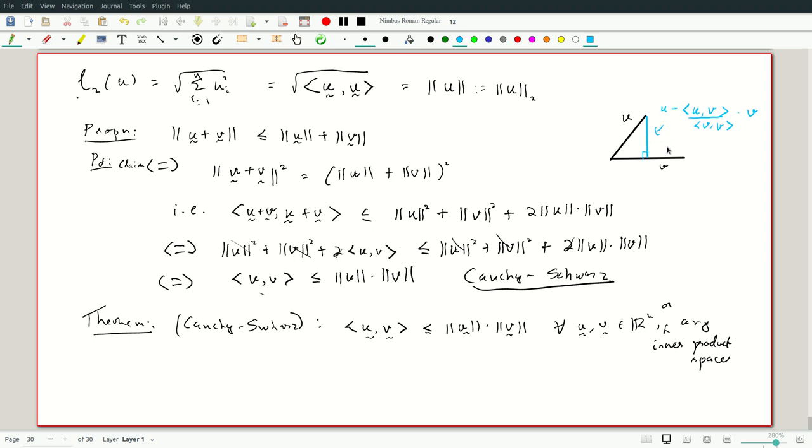So we have taken this, and the idea is that we just use the fact that this is non-negative. Okay, so a brief calculation will tell you that the proof is that 0 is less than or equal to the norm of anything, so in particular the inner product of this with itself.